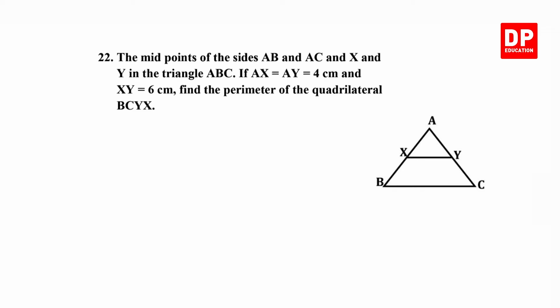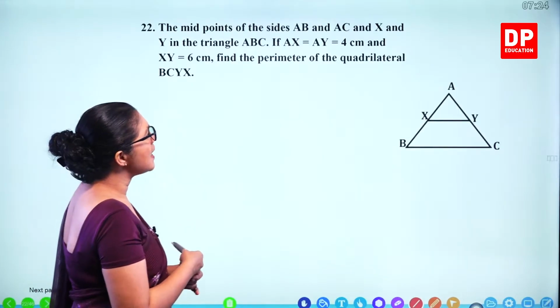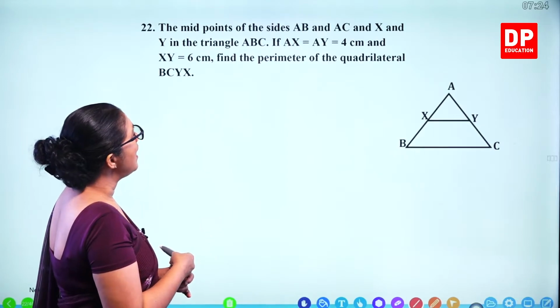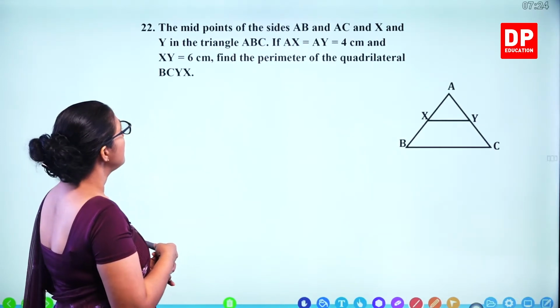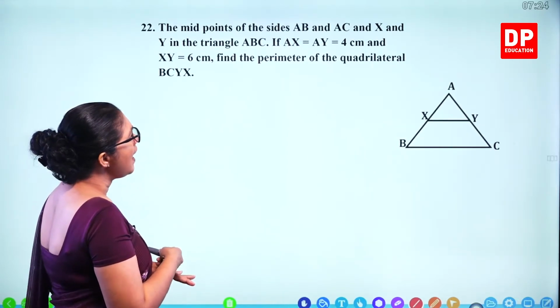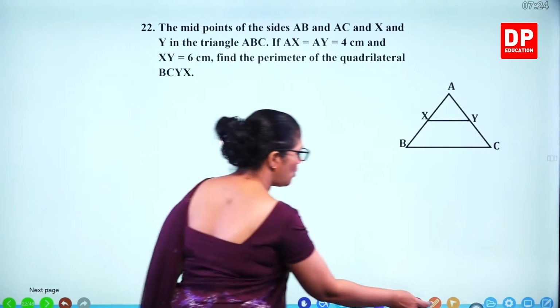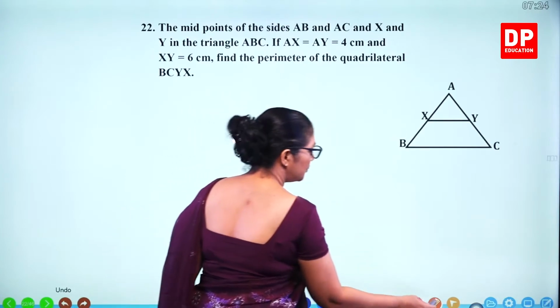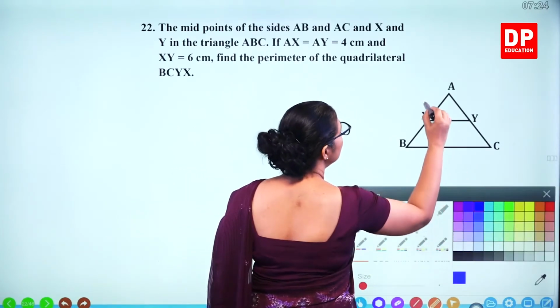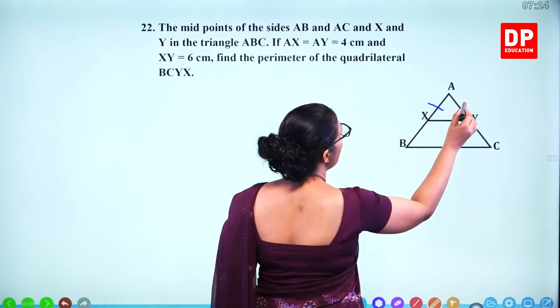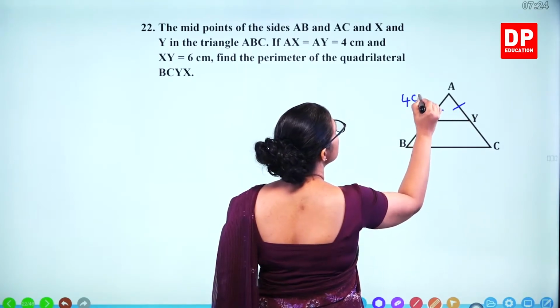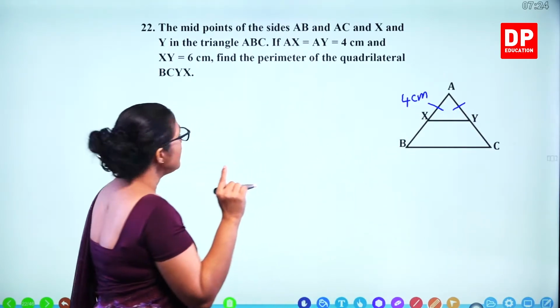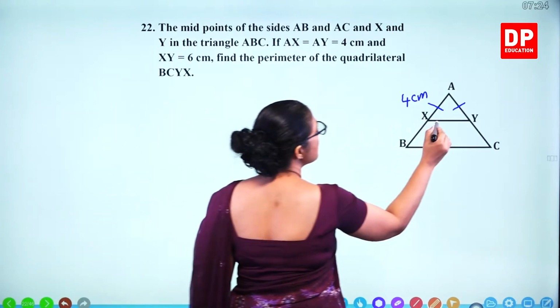Question number 22. The midpoints of the sides AB and AC are X and Y, and AX is equal to AY is equal to 4 centimeters and XY is equal to 6 centimeters.